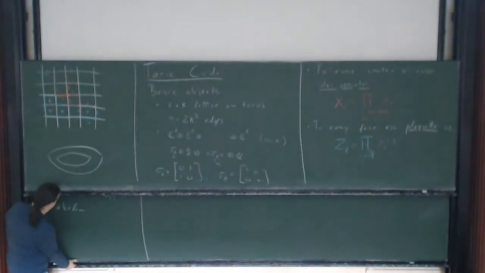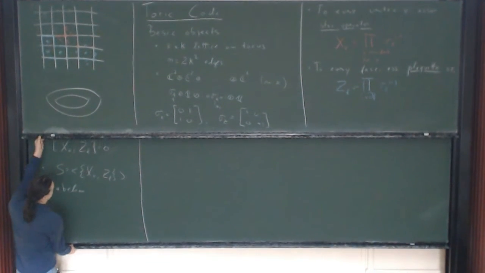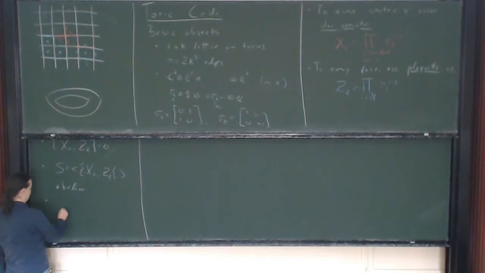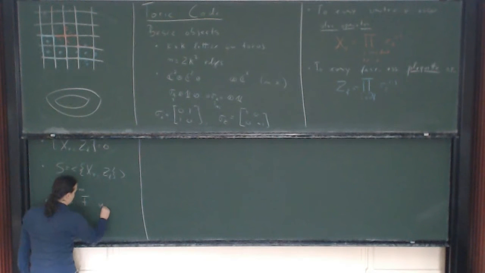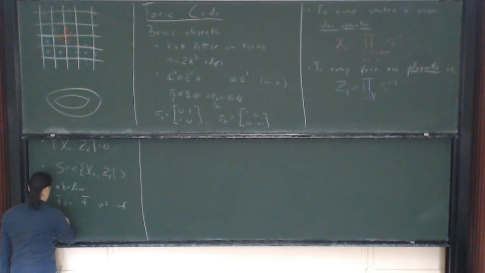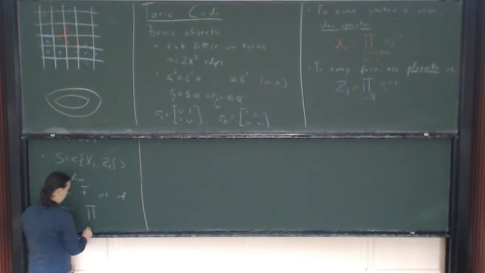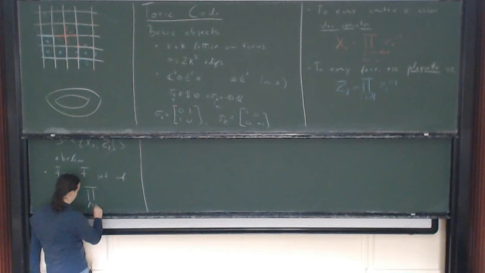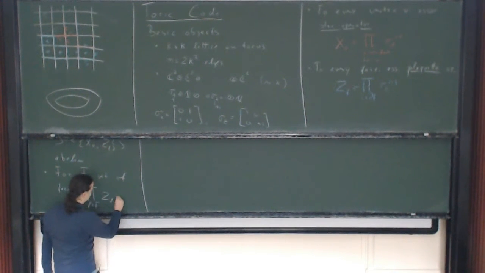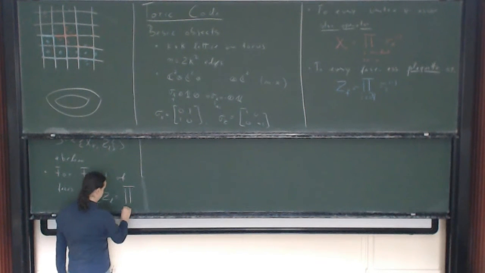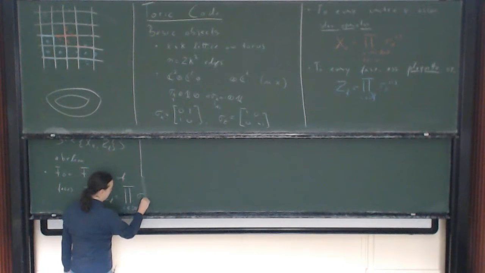Okay. We can understand now, at least we can understand the subgroups generated by the plaquette operators. So if I take F, a set of plaquettes of the system, we have that the product over all associated plaquettes is the product over all edges in the boundary of F, and then we have the sigma z acting there.